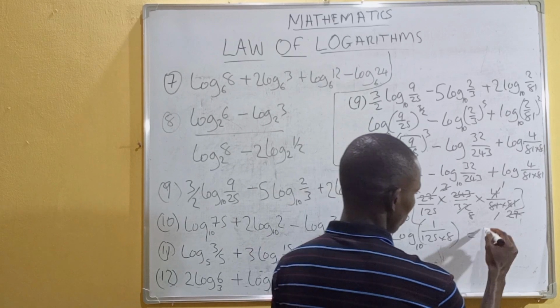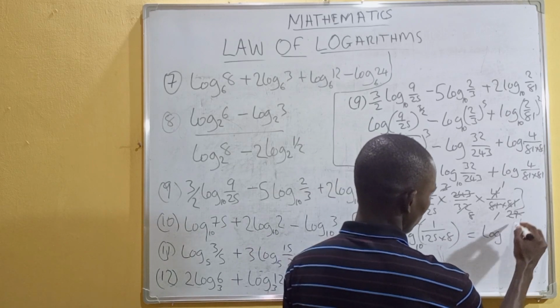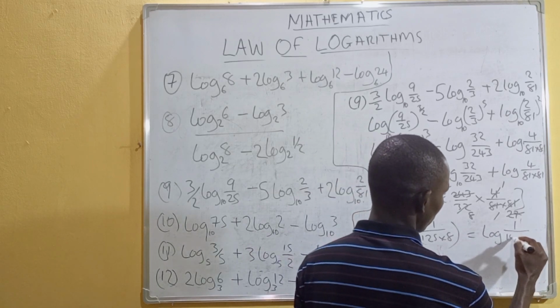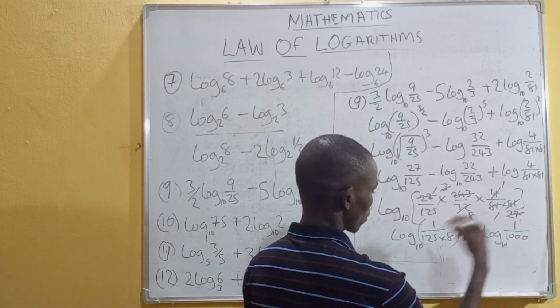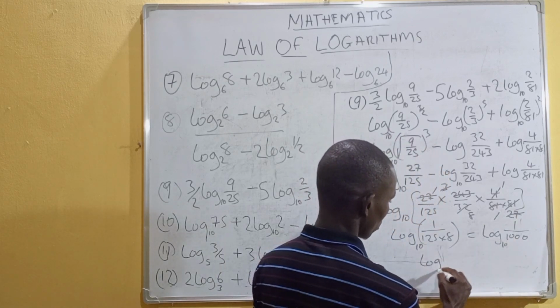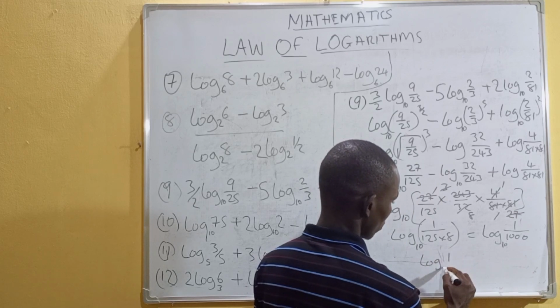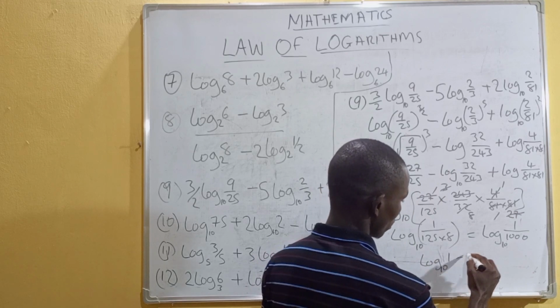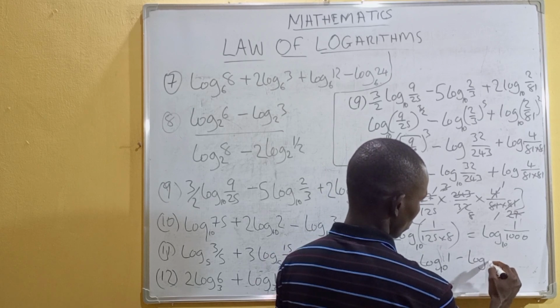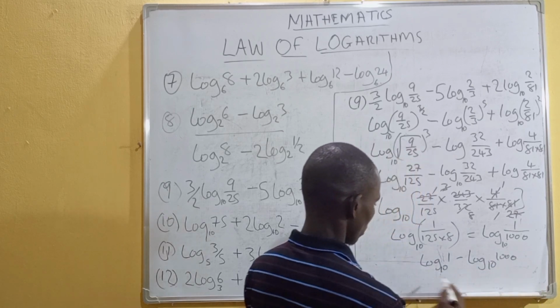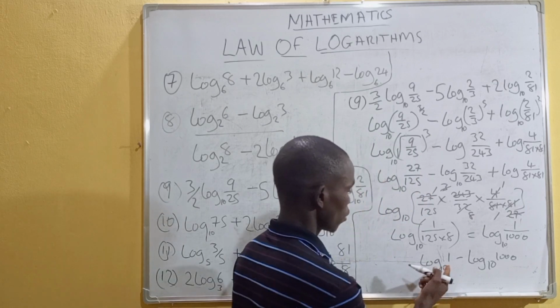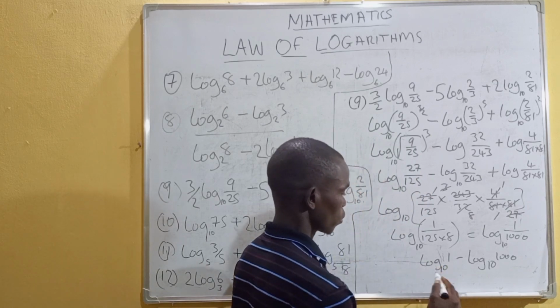So this will now be log of 1 over 1000 to base 10. This can also be written as log of 1 with base 10 minus log of 1000 to base 10. We now have log of 1 to any base is equal to 0.